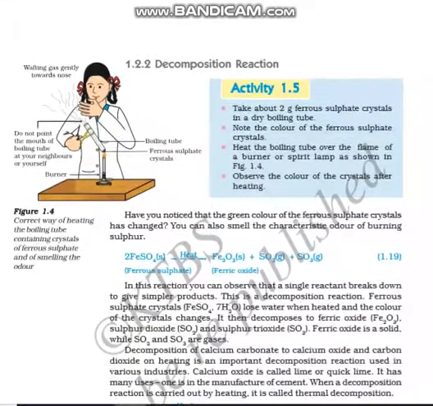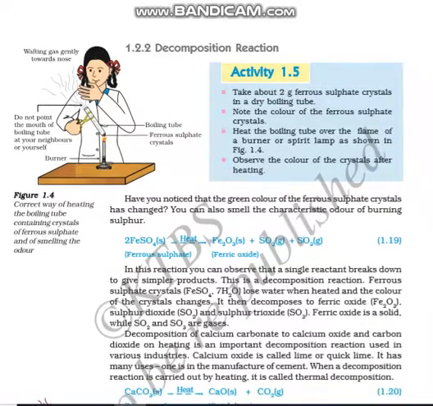For example, let us take ferrous sulfate, FeSO4, it is one single compound. When it is heated, this is a single compound bound together. Ferrous sulfate, two molecules of FeSO4, we are heating.